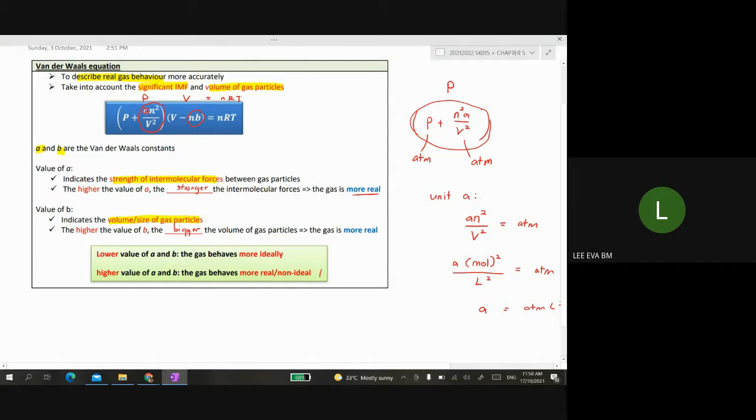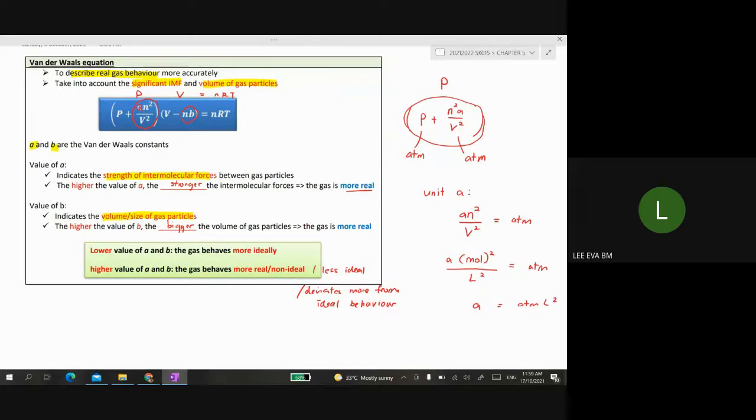You can write here, there are many ways to write it: less ideal, or deviates more from ideal behavior. It has different patterns of how you explain it: becoming more ideal, more real, more non-ideal, less ideal, deviates more from ideal behavior.